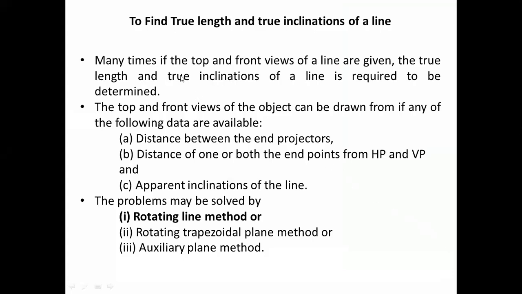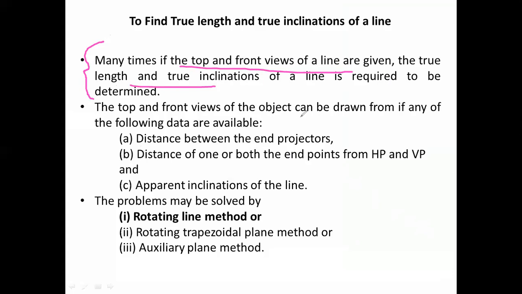Many times the top and front views of a line are given, and the true length and true inclination of the line are required to be determined. This is generally the problem statement. These things are given to you and you need to find this. That is the problem of projection of line. What does it say next?